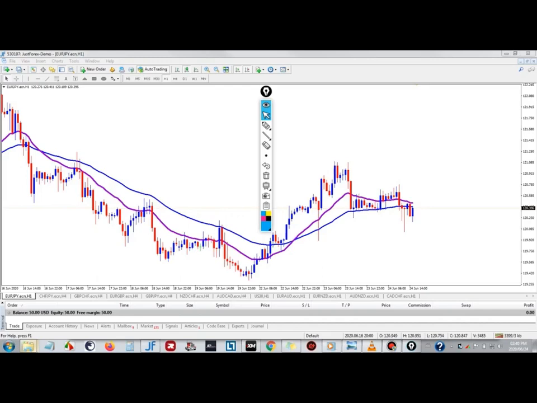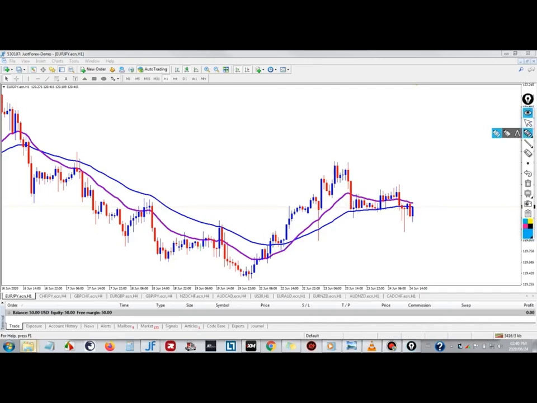Okay, guys, so to buy here, the purple must be above the blue moving average in order for us to buy this currency. And that's as simple as that, guys.